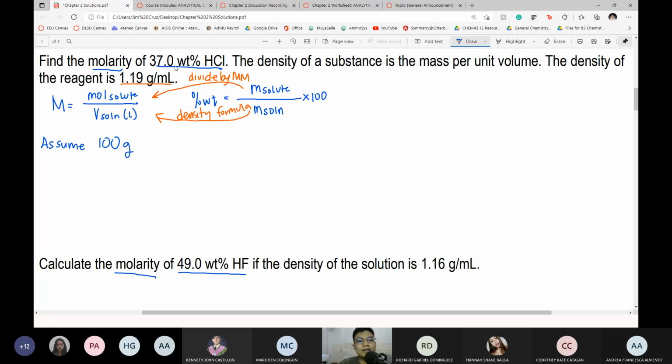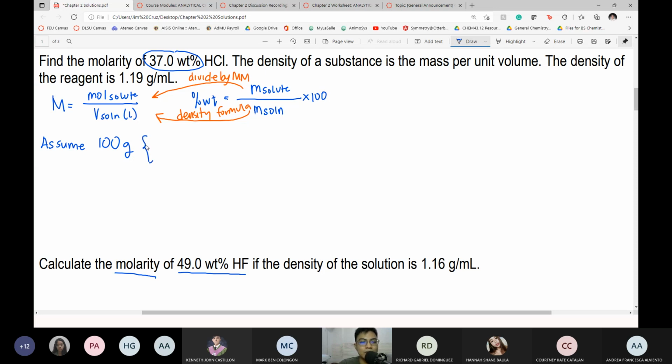According to the concentration unit, 37% of the solution is HCl.